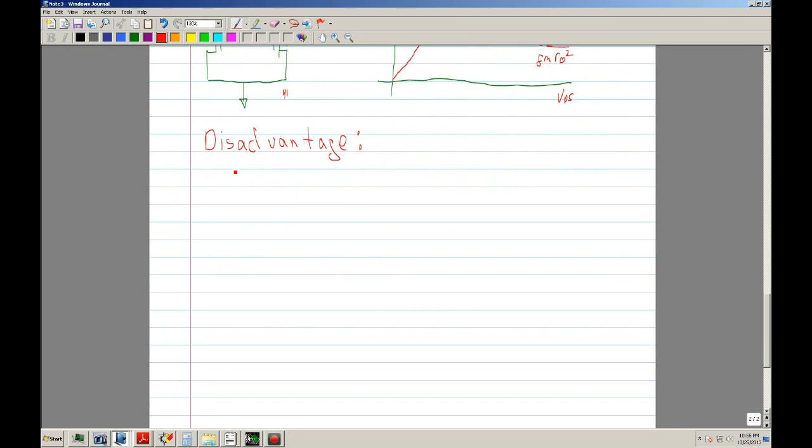To illustrate, let's do a cascode, a true cascode. Now let's say that they're connected to a resistor network, so you're able to adjust what this voltage is, let's say V1, V2, and so forth.